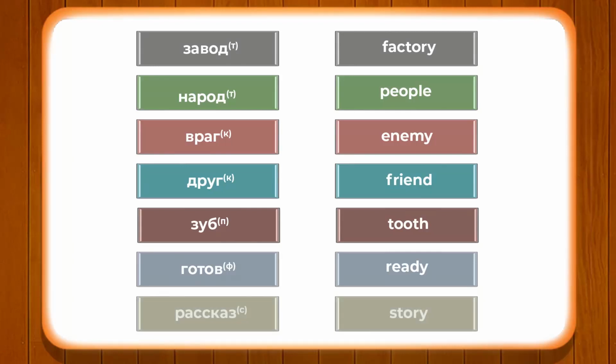Let us see. Rasskaz, rasskaz. So, these are very minute sound structures which you need to pay attention to, and with a lot of practice I am sure that you would master all these concepts of voicing and devoicing of consonants. Okay? So, let us go ahead and look at certain examples.